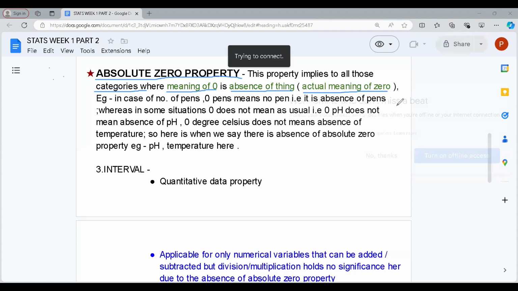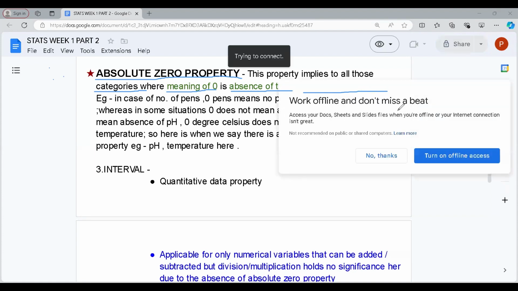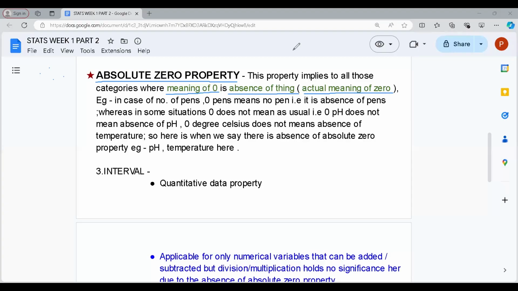So absolute zero property is very simple. As we were discussing in the example, in case of number of pens, 0 pens means no pen, that is absence of pen. So absolute zero property is as simple as the most common thing we know about what zero is.